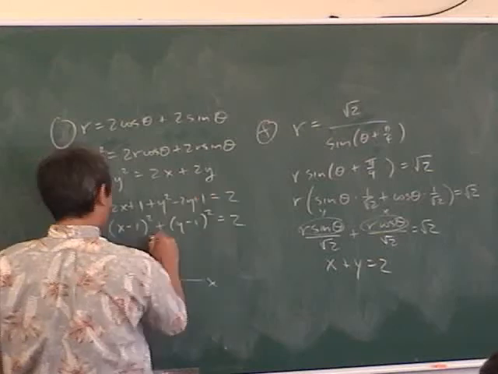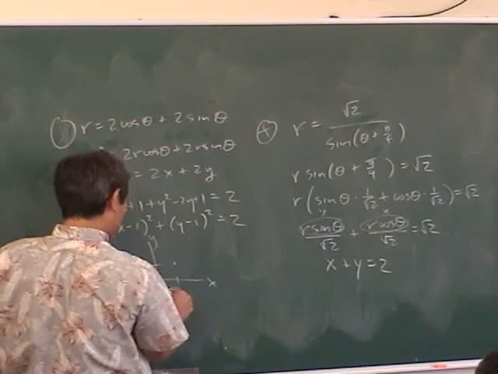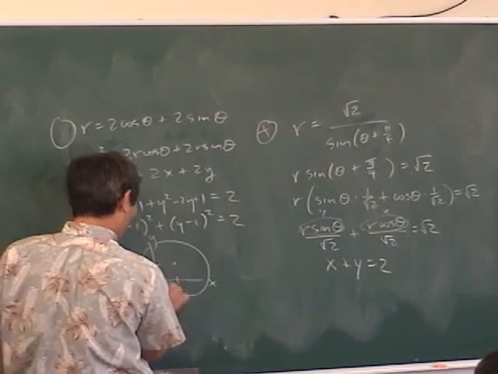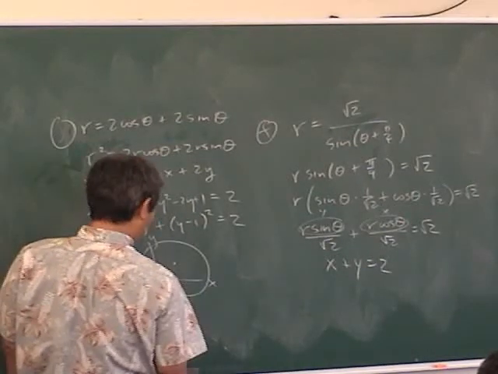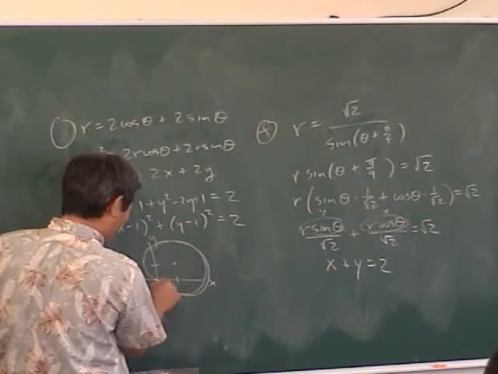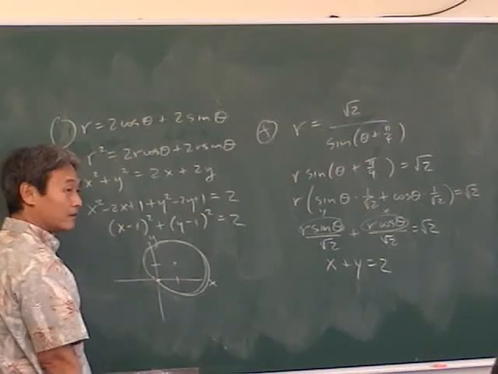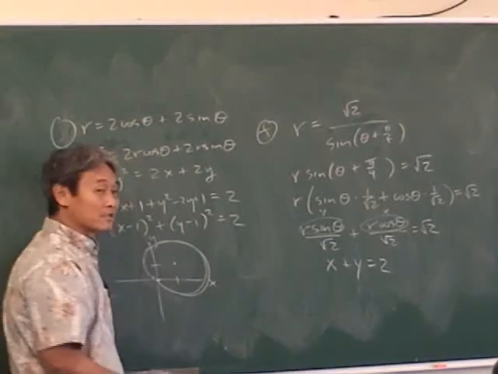The center of the circle is at (1, 1), and the radius is root 2. Something like that. Anyway, I think I put this problem up last year. Your circle better pass through the origin over here, because if it doesn't pass through the origin, the radius is not root 2.